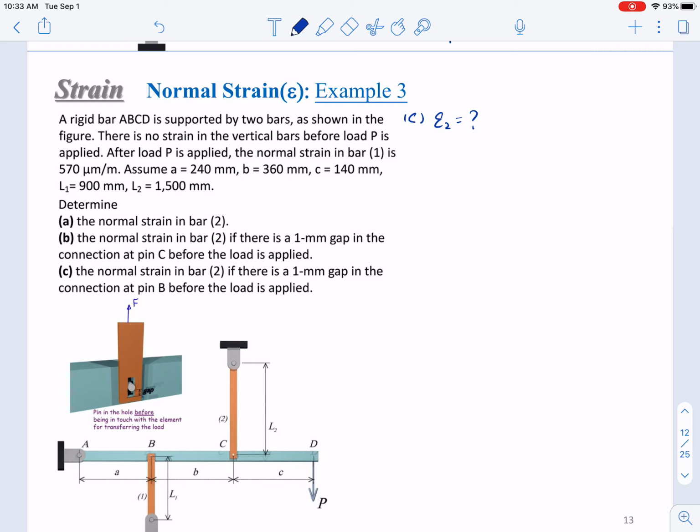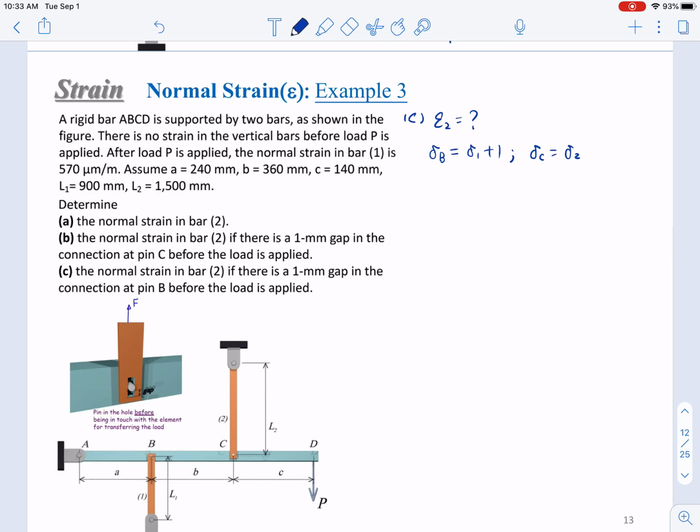Point B will always travel for 1 millimeter before it touches the edge of the hole to make any deformation to bar 1. The other equation in the second set will be the same: delta C equals delta 2.